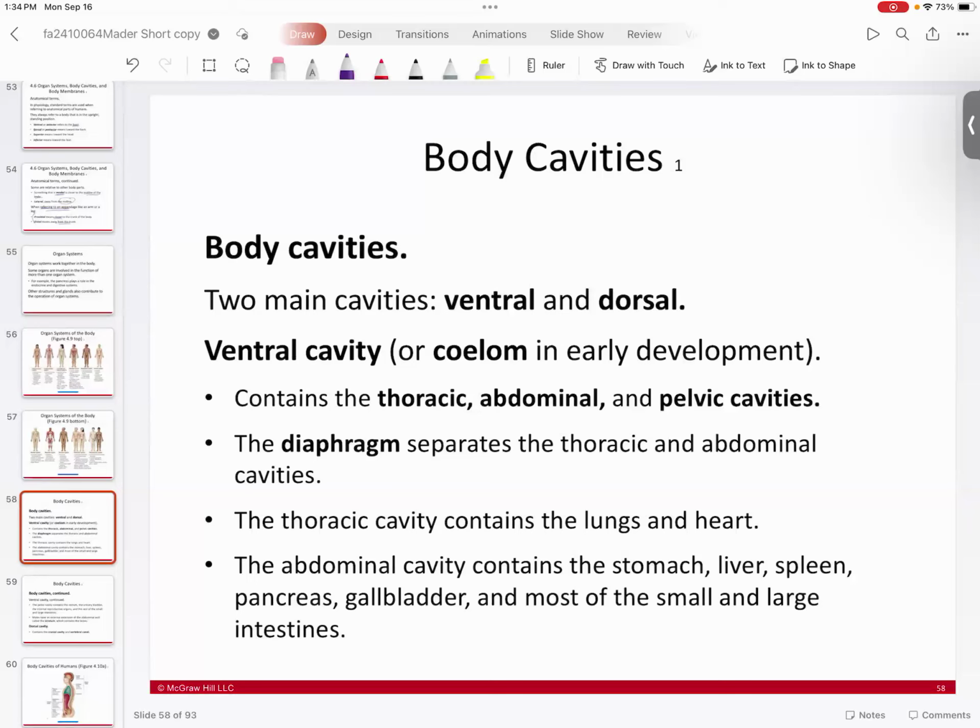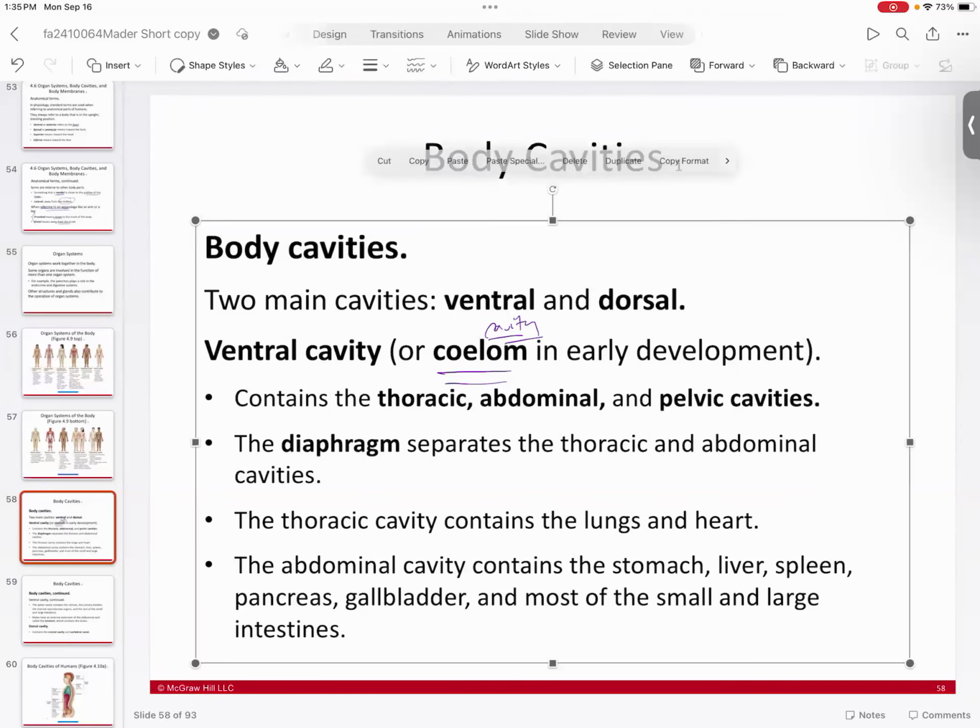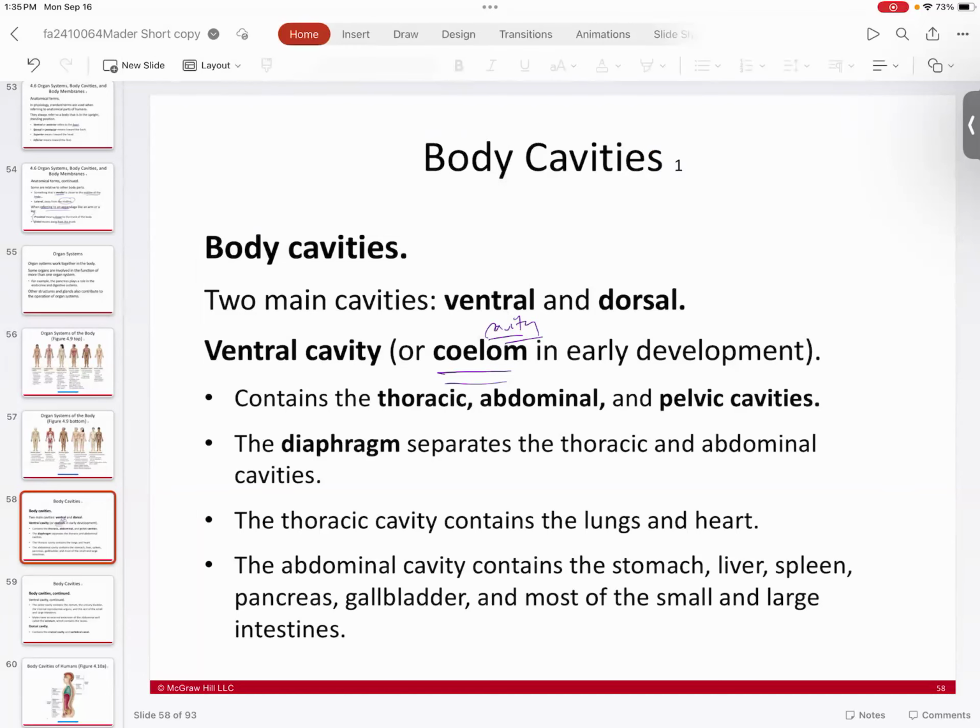The one we typically spend the most time studying is the ventral cavity, where we have what's called a coelom, which basically is a cavity in early development. So it's basically just a big hollowed area. And within this cavity, we have a couple of subcavities: the thoracic cavity, the abdominal cavity, and the pelvic cavity. This is kind of what it looks like.